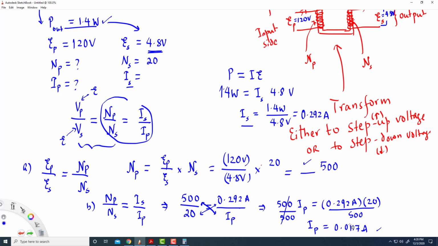So the current goes up and voltage goes down. In the step down transformer, the voltage goes down and current goes up, whereas in the step up transformer, the voltage goes up and the current goes down.